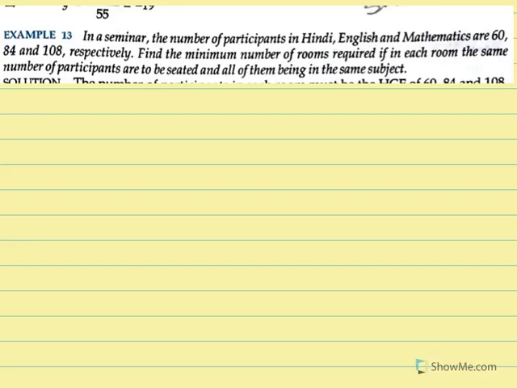In the seminar, the number of participants in Hindi, English and mathematics are 60, 84 and 108. So let me just write that. Number of participants in Hindi is 60.